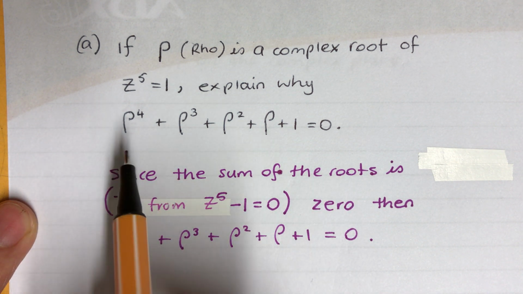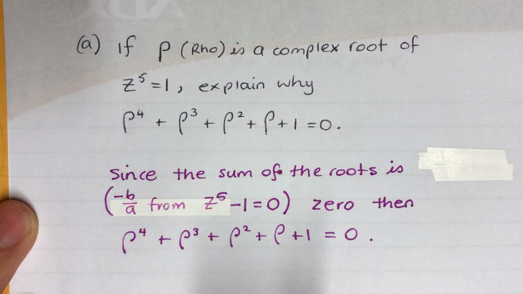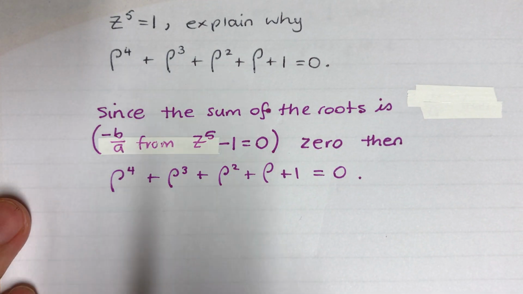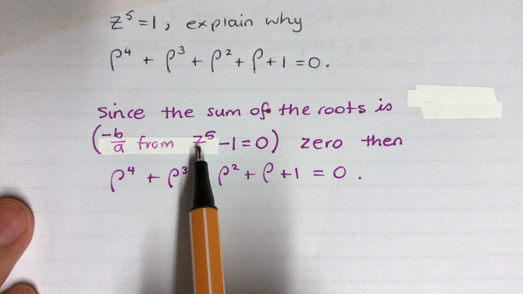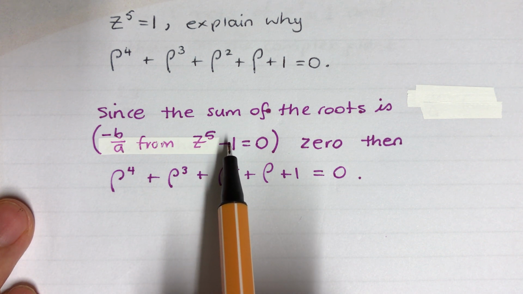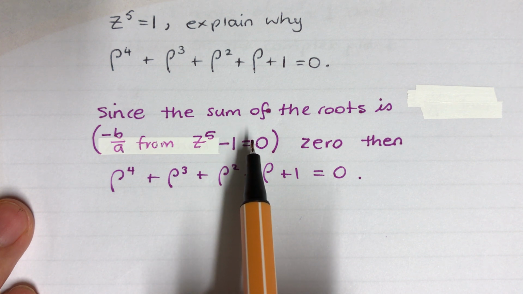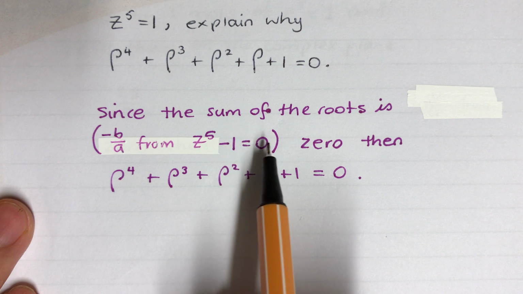do you remember with the polynomials, z, I'm going to write something here, z to the power 5 minus 1 equals 0. So it means z to the power 5 plus 0 z to the power 4 plus 0 z to the power 3 and so on, and then minus 1 equals 0.